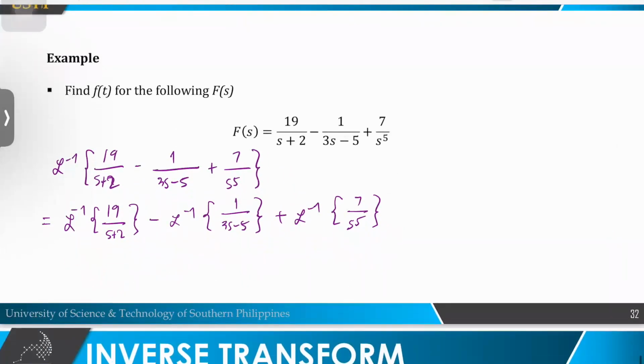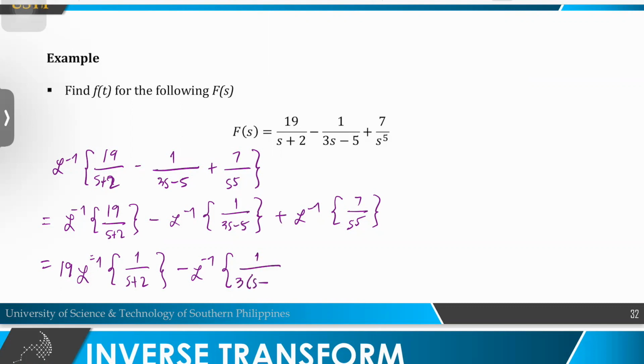For the first term, we write it this way: 19 times the inverse Laplace of 1 over s plus 2, minus the inverse Laplace of, now, your s has a 3 in the denominator, so we factor out the 3.